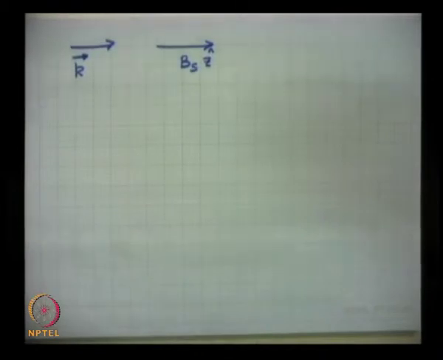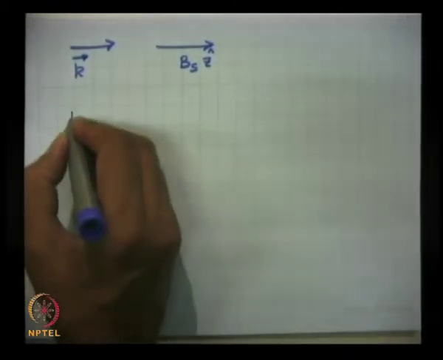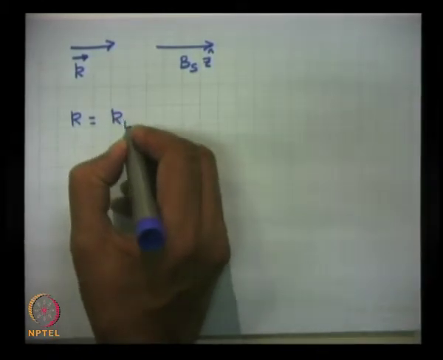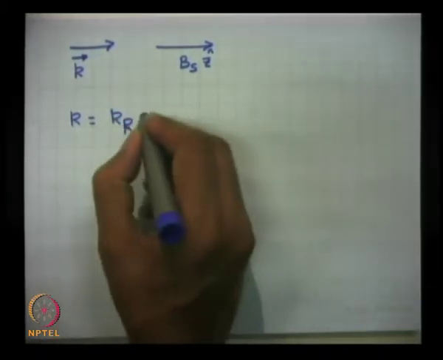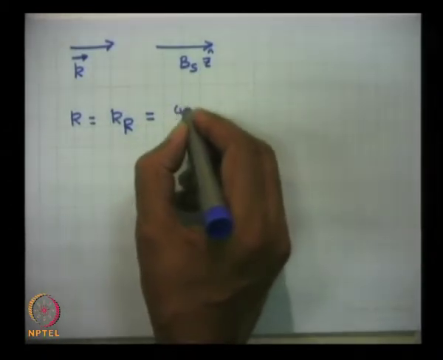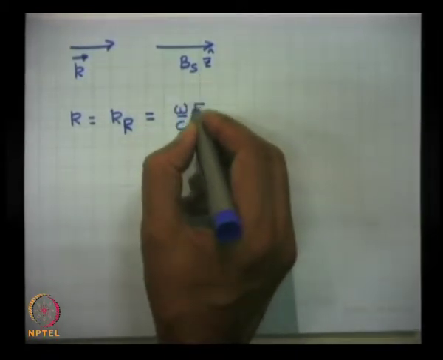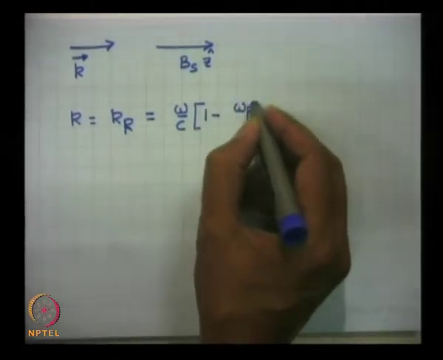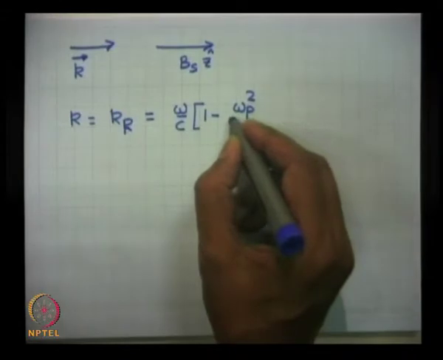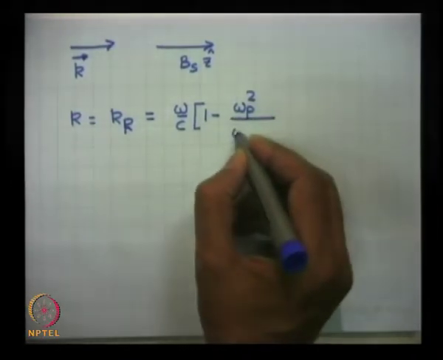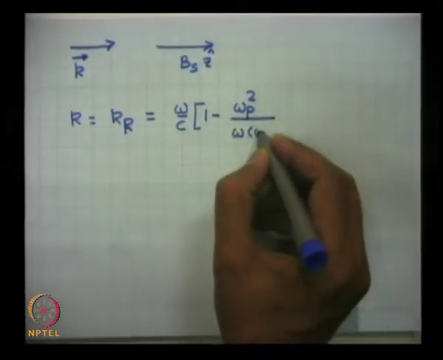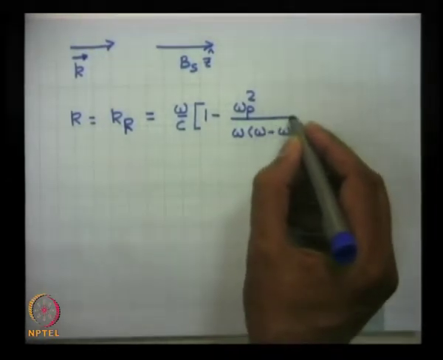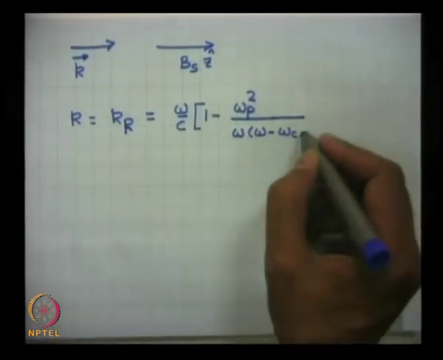If the wave is right circularly polarized, then k was equal to kr, which we defined as omega by c into the square root of 1 minus omega p square, where omega p is the electron plasma frequency, divided by omega into omega minus omega c, where omega c is the electron cyclotron frequency.